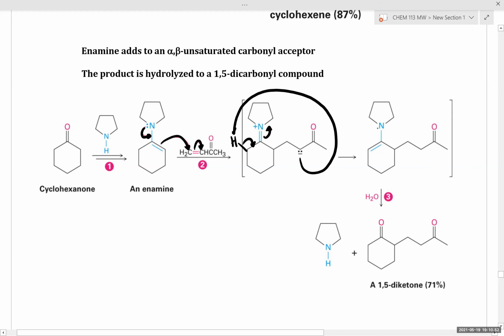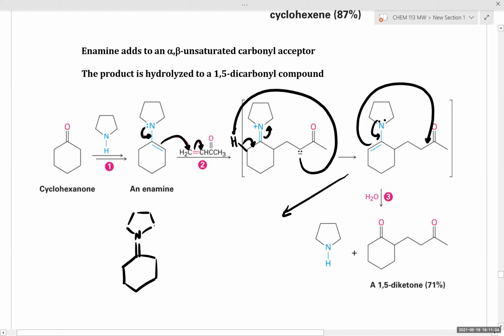Now you may ask, why don't we see a condensation onto our carbonyl? Well, let's answer that question. If we see condensation onto our carbonyl, we would form this already quite odd looking structure.